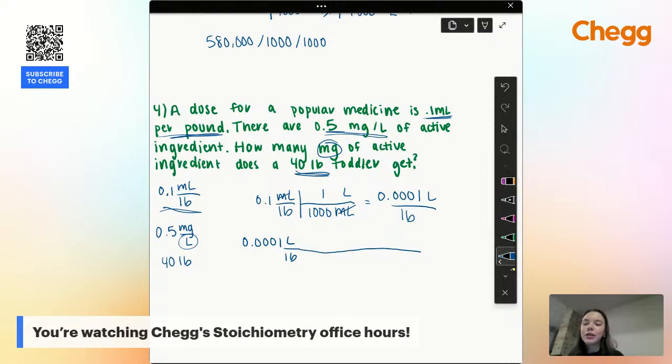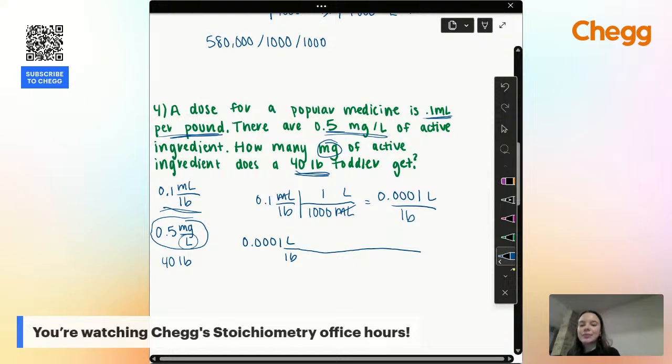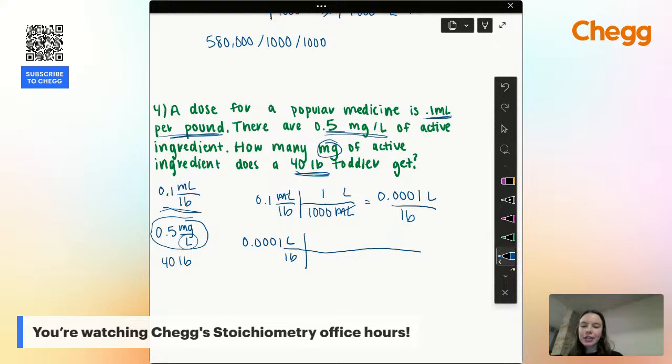And then we're going to use this conversion factor right here, where it is 0.5 milligrams per liter. So the 0.5 milligrams goes on the top, liters on the bottom. And this way we can cancel out our L's. So remember, if it's on the top, it has to be on the bottom to cancel it out.